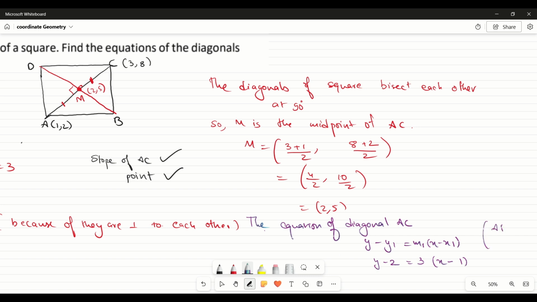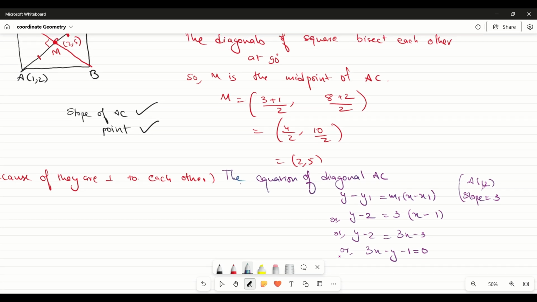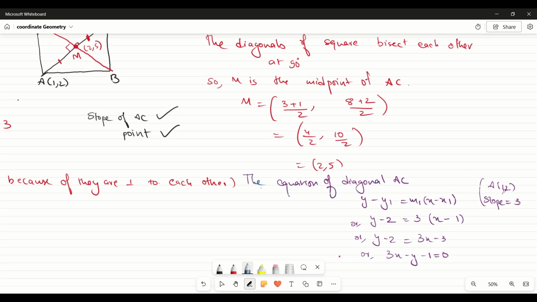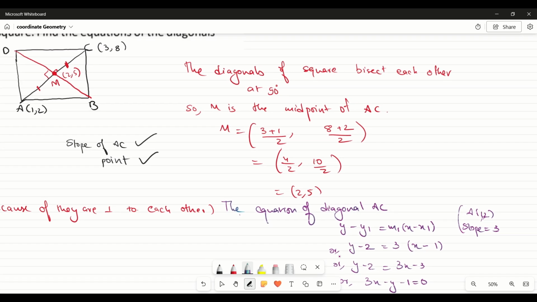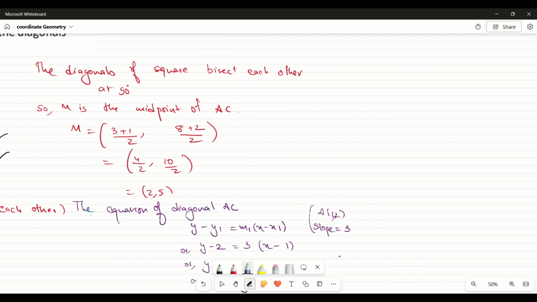Fine. I'm going to take the point (1, 2) and the slope 3. So y minus 2 equals 3 times (x minus 1), which is 3x minus 3. So you can write the equation as 3x minus y minus 1 equals 0. That's the equation of diagonal AC.